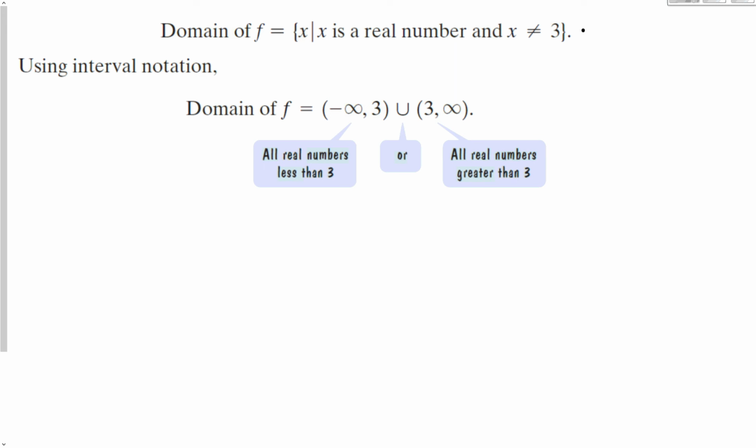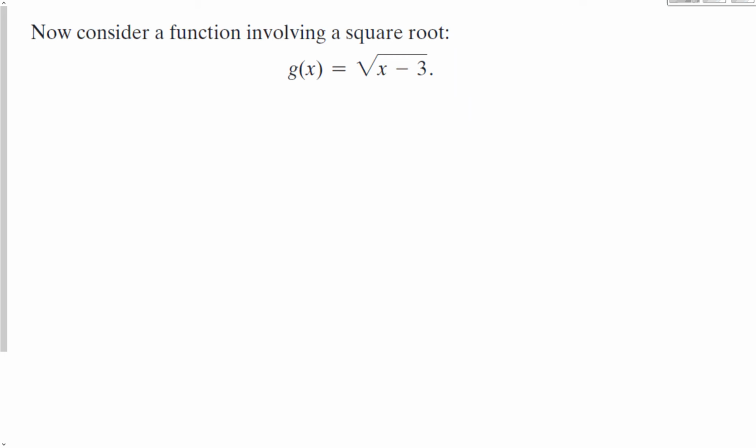That is set builder notation. If I want to use interval notation, I can say that the domain of f is equal to negative infinity comma 3 union 3 to infinity: all real numbers less than 3 or all real numbers greater than 3, but not equal to 3, which eliminates 3.